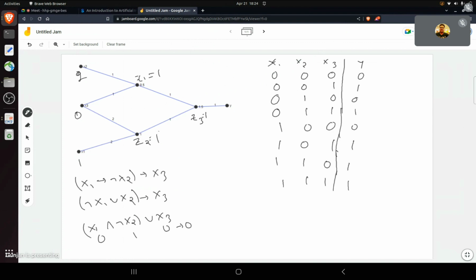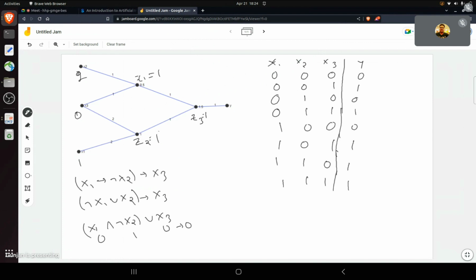When it is 0 1 1, it is 1, that is correct. When it is 1 0 0, so this part will be 1. So when it is 1 0 0. Oh, did we do this wrong? I don't know. 1 0 0.